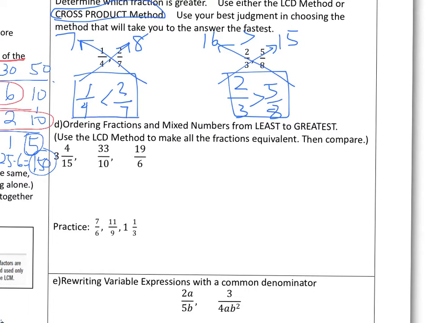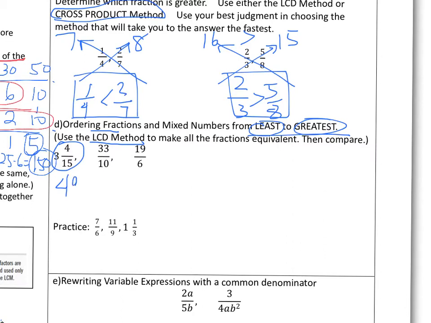Okay, and part D, ordering fractions from least to greatest. I would like you to use the LCD method as it will eliminate many careless mistakes. So we need to first change this mixed number into an improper fraction.